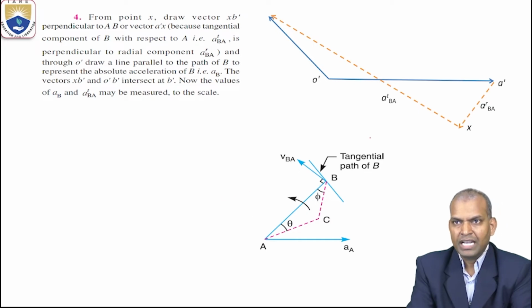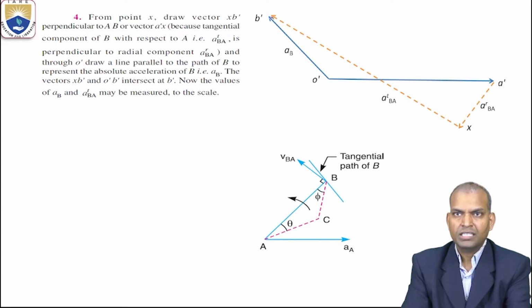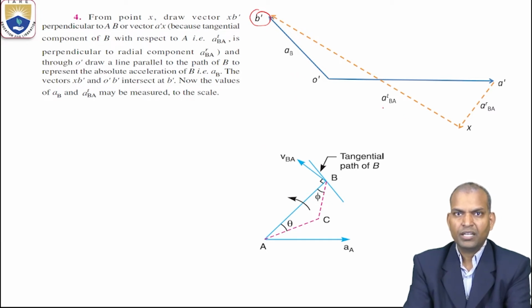The vector X B dash and the line O dash B dash intersect at the point B dash. Now the values of AB and ATBA may be measured to scale.